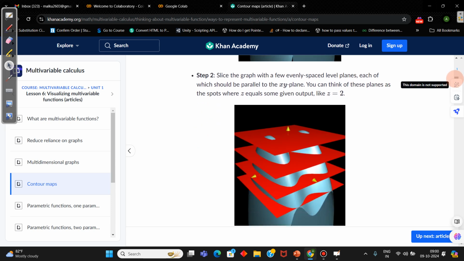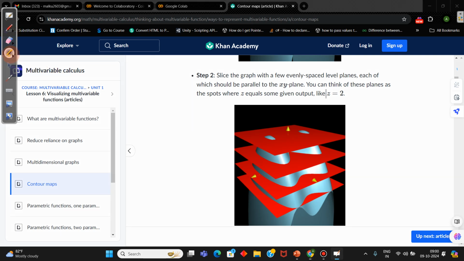Then what we are going to do is make a number of different planes which slice this graph. How do we make a plane in this graph? We take any z value, suppose z equals 2. Then the z axis is going to represent a plane which has z value equal to 2.